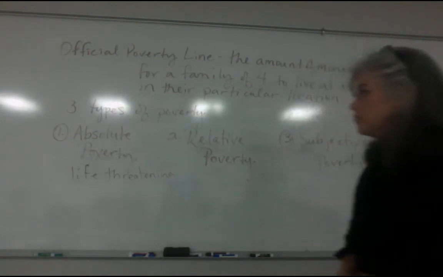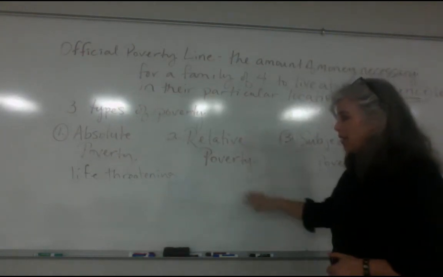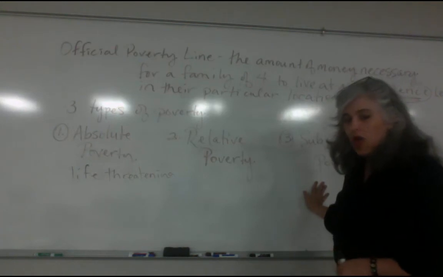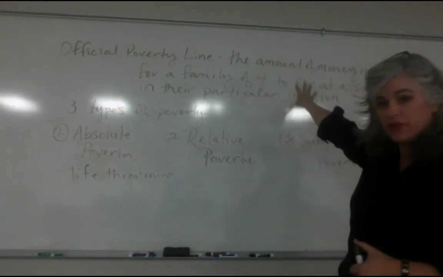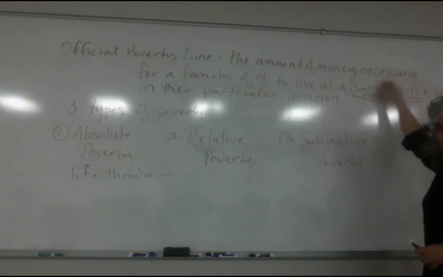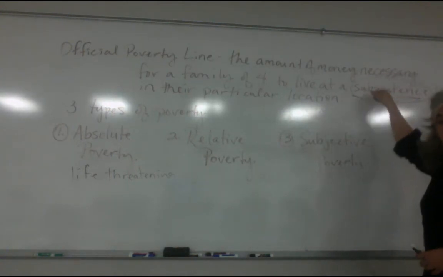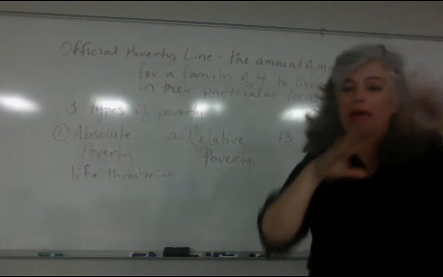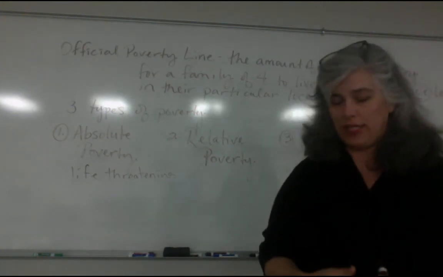So these 3 types of poverty, that and this concept of official poverty line and how we calculate poverty, and this word subsistence, this is a big one. Also that expanded explanation of life chances.